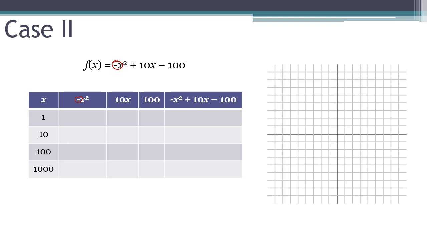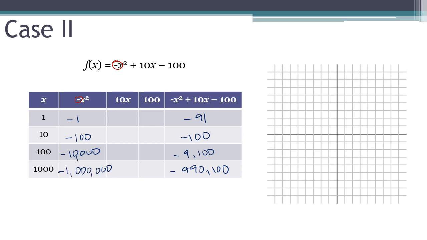All right, so here what I'm seeing, and I'm just going to jump to the final results, I'm seeing negative 91, negative 100, negative 9,100, negative 990,100. And my x squared numbers, right, these were minus 1, minus 100, minus 10,000, and minus 1 million.